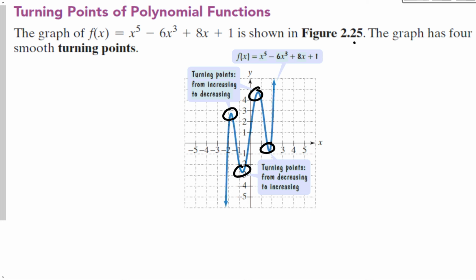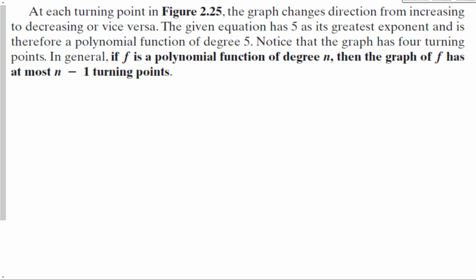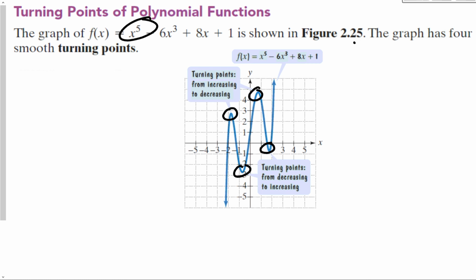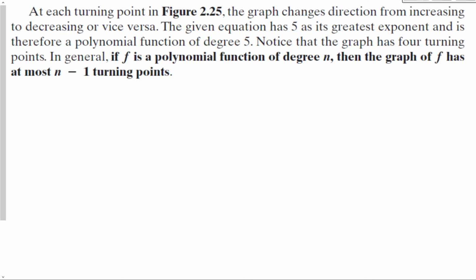At each turning point, the graph changes direction from increasing to decreasing, or from decreasing to increasing. The given equation has 5 as its greatest exponent. See that? It's x to the fifth power. And therefore it is a polynomial function of degree 5. So notice that the graph has 4 turning points.